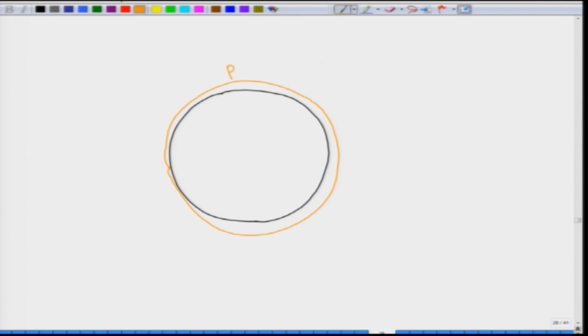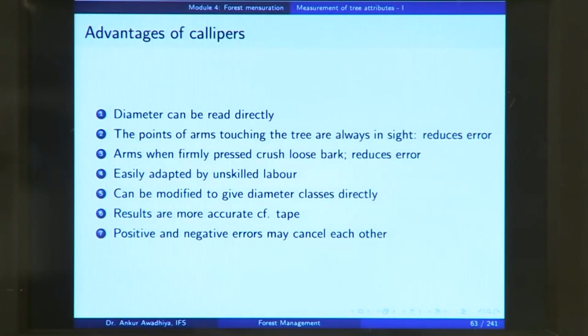Now, in the case of a circular cross section, p is equal to 2 pi r or pi d, and so in this case d is equal to p by pi. You take a measurement with a tape, you divide it with pi, and you get the reading of d or the diameter. But in the case of the calipers you can directly read it, there is no need to divide it with pi or anything.